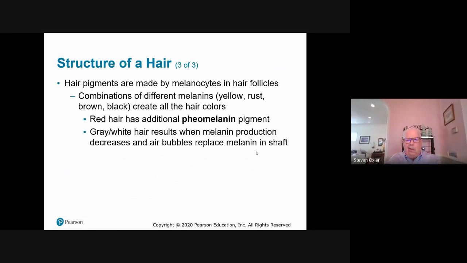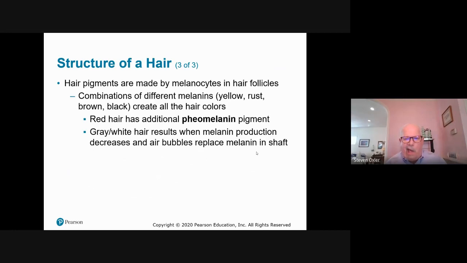Okay? But what I do want you to know is that the pigments are made by melanocytes, just as in the skin. And there's a combination of different melanins: yellow, rust, brown, or black. And this creates all the hair colors. If you have red hair, you have an additional pigment, and that additional pigment is called pheomelanin.